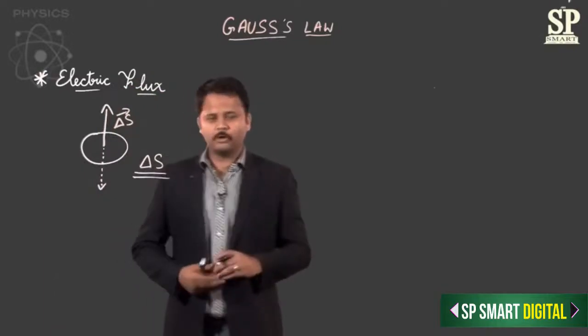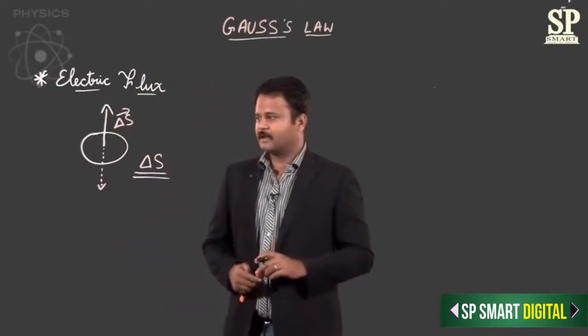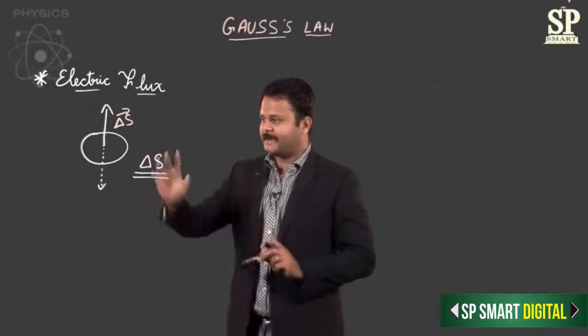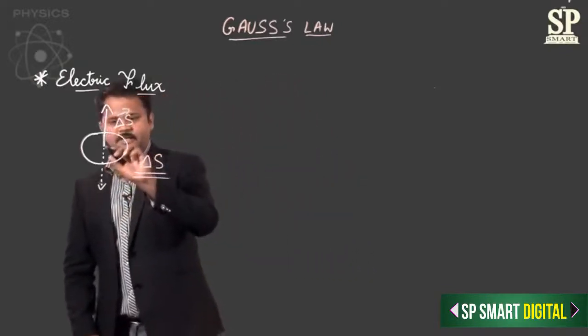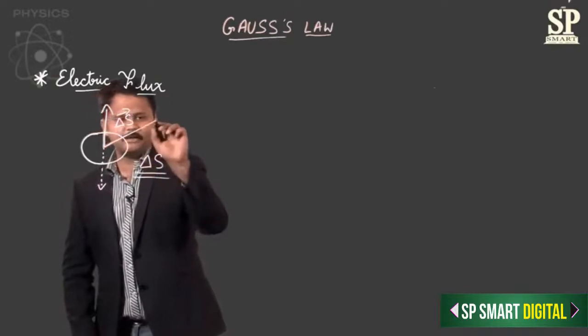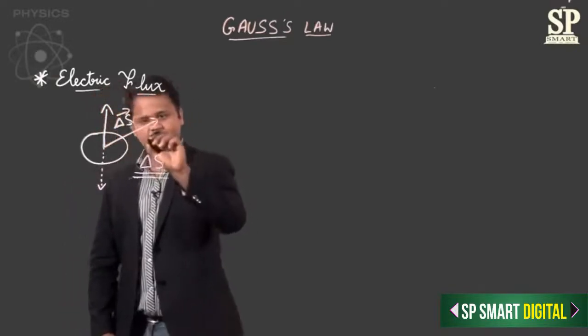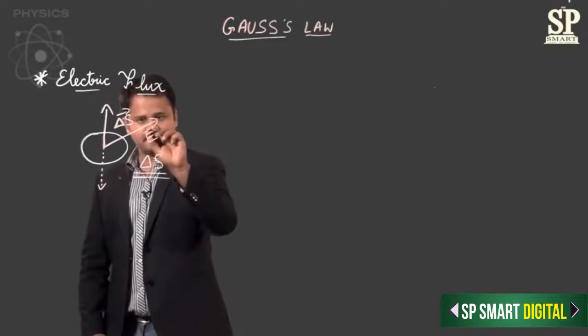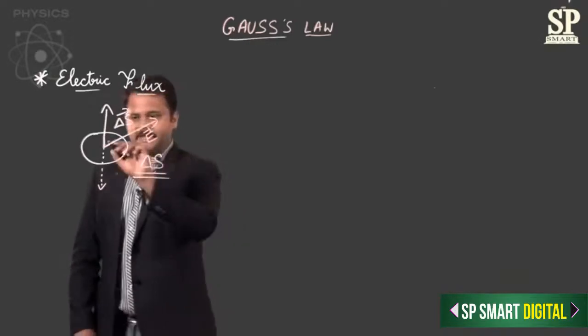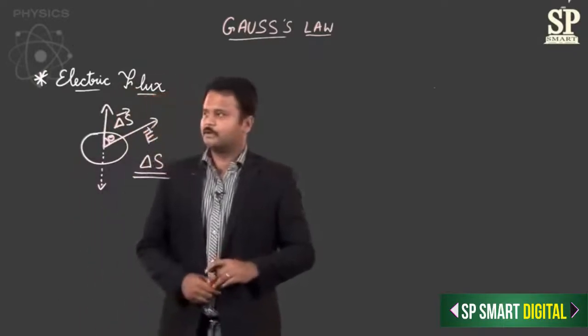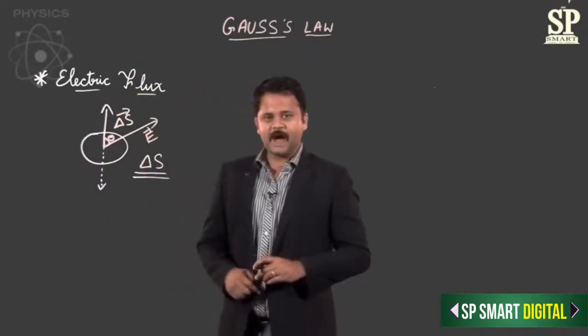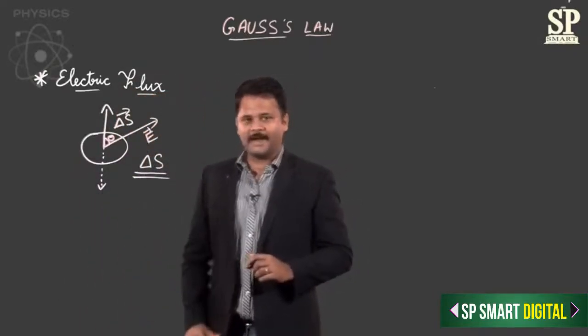Now let's move on to the concept of electric flux. Let's say that this plane disk surface area is exposed to some electric field such that the electric field line can be represented like this. Let's say this is our electric field and presently it's making an angle of theta with the area vector. Then for this surface, I can define this quantity called electric flux.